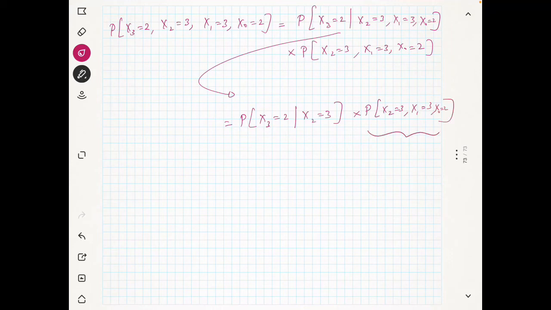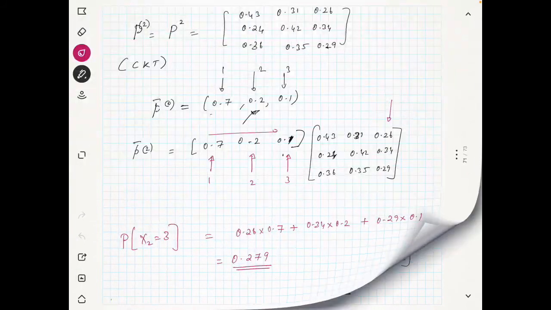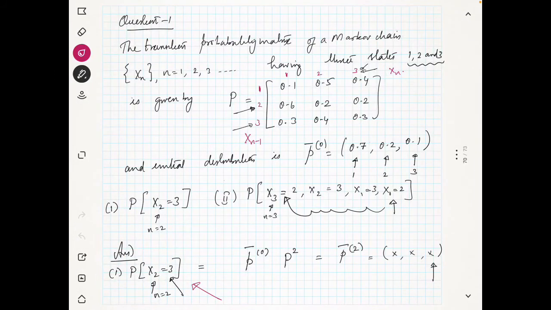But we have already seen the answer for this. It was 0.012, multiplied with the transition probability. If you see the transition matrix, you can easily write it. It is from 2 to 3. So this is 2 and this is 3.